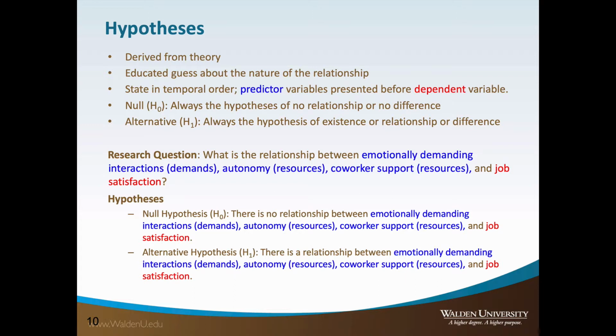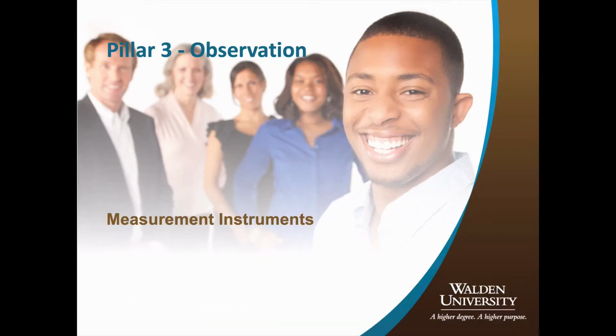In other words, the theoretical constructs underlying the jobs demand, jobs resources model can be used to explain or predict job satisfaction, which again, in this case, is the problem variable. We'll now examine the third pillar of quantitative research, observation.